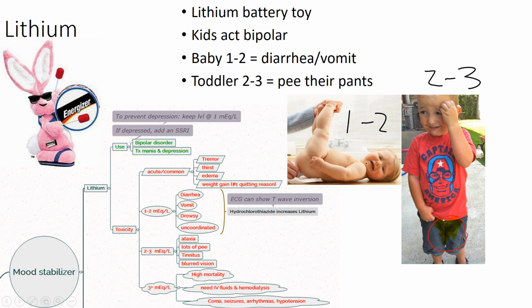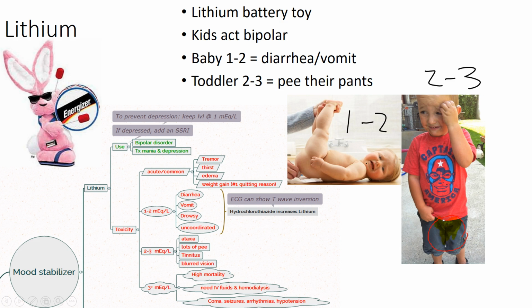Little babies, man, they're always pooping, they're spitting up all the time, they're always sleeping, and they're very uncoordinated. They barely even grab their own hands. So there we are. Here's a little baby, he's got diarrhea, okay? So 1 to 2, little baby with diarrhea. Drowsy, vomiting, uncoordinated little baby.